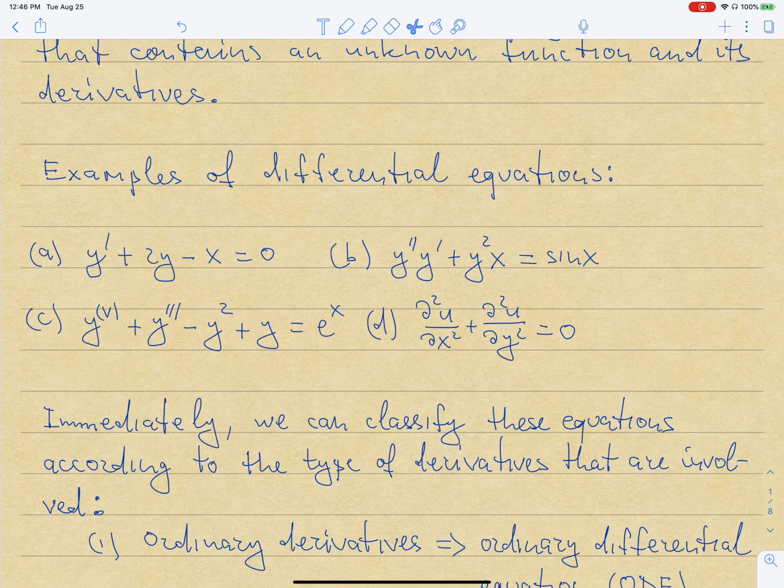And likewise, solving equation C will involve 5 integrations, so it will produce 5 unknown constants. So what we can deduce from this is that we would expect the solution of the nth order ODE to depend on n unknown constants.